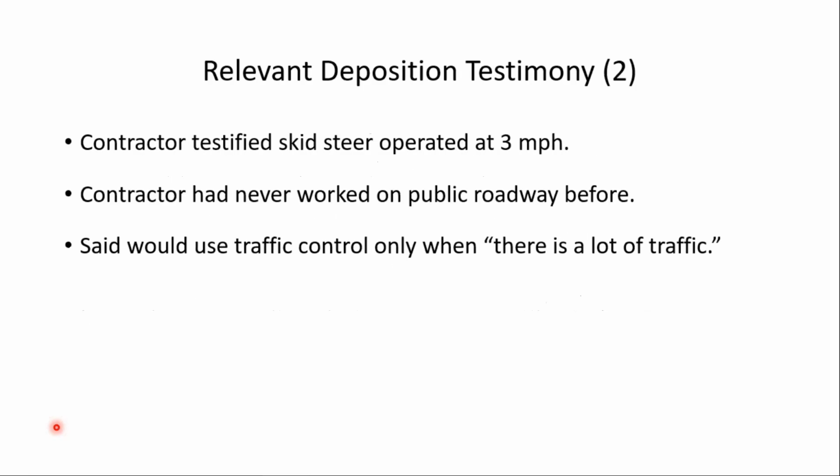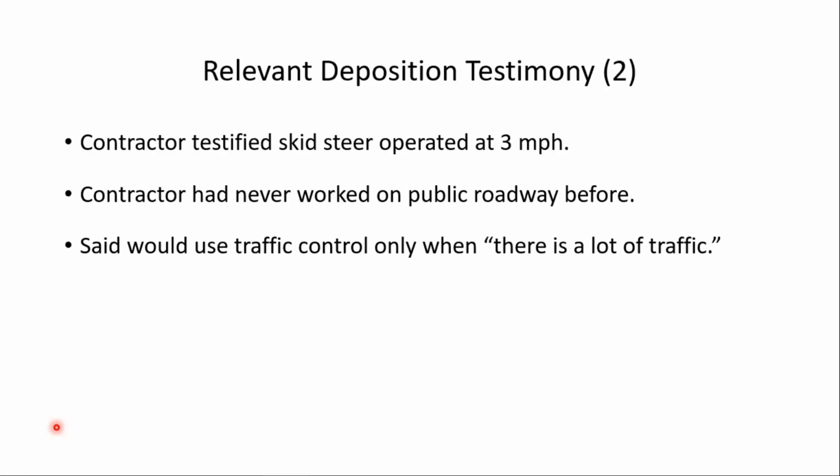The contractor testified that the skid steer operated at 3 miles per hour on a 45-mile-per-hour roadway. He testified that he had never worked on a public roadway before. This was the first time they had worked on a public roadway. He said he would use traffic control only when, quote, there's a lot of traffic.